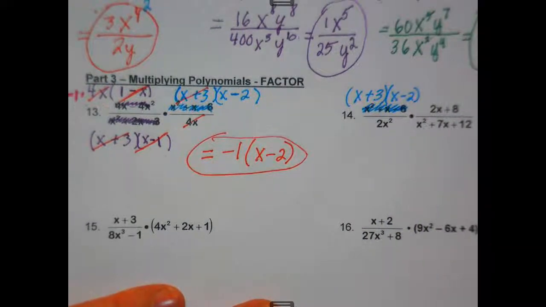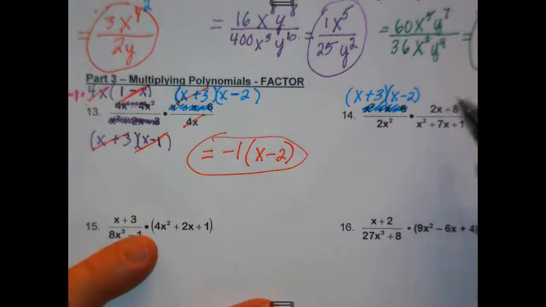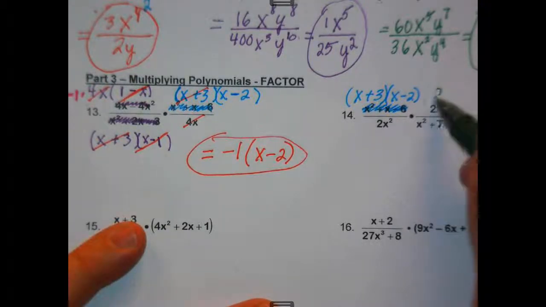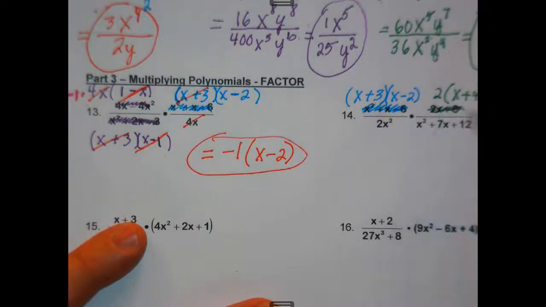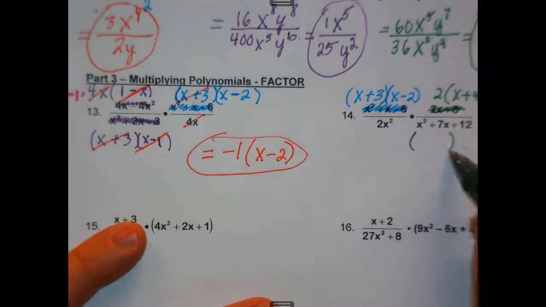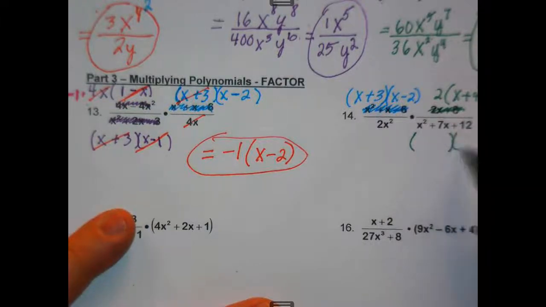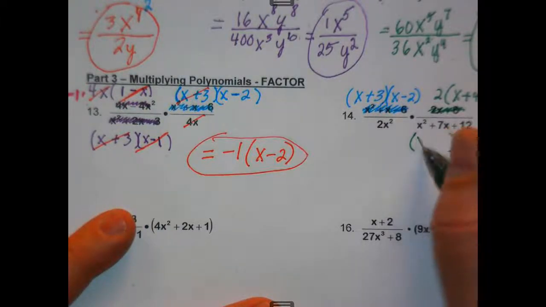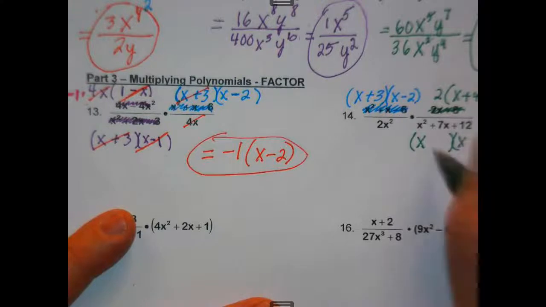The second fraction, I could take out a 2 and get x plus 4. And then I can factor out the bottom. X times x.